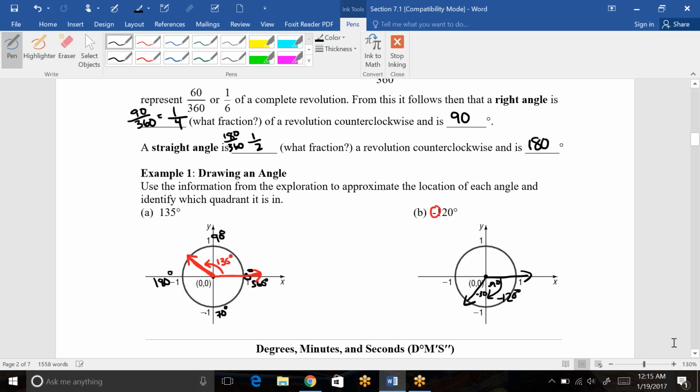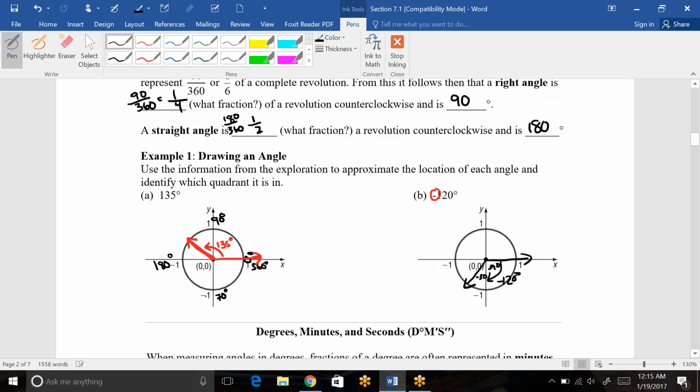Now we're going to get more specific with this later and kind of how we sketch these, but this is the general idea of where we find and locate those. And this one was in quadrant 2, and this one is in quadrant 3, because the terminal side lies in quadrant 3. If you don't remember your quadrants, this is a good time to review that. This is 1, 2, 3, and 4. Starts in quadrant 1 up here where we have all positive X and Y values, and we go counterclockwise with our Roman numerals.